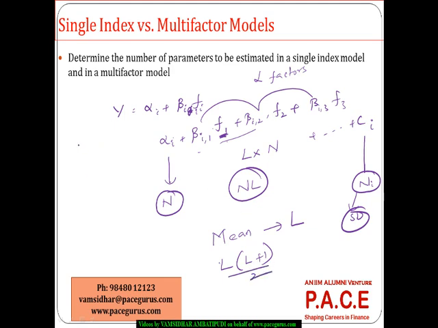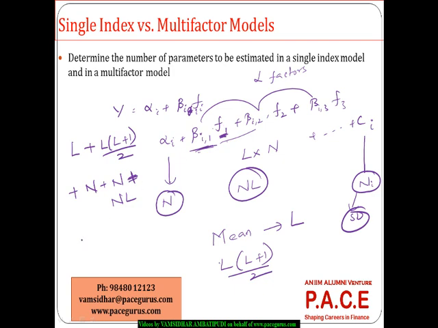So overall the number of data items that I need is L means, L into L plus 1 by 2 covariances, n different values for alpha i, n different values for the standard deviations of epsilon i, and obviously nL different values for the coefficients associated with each of the factors.